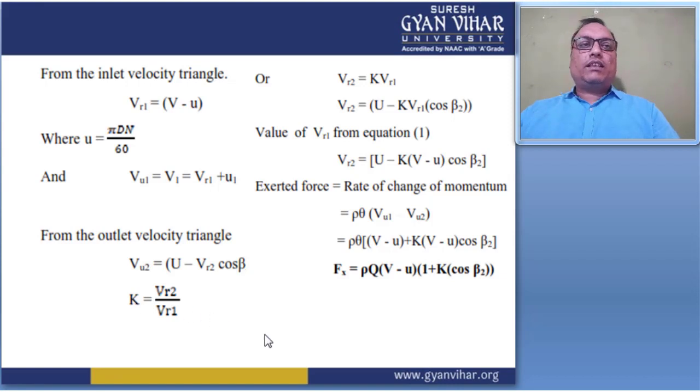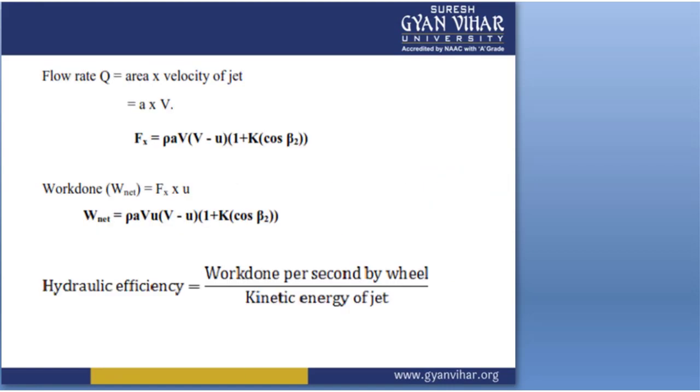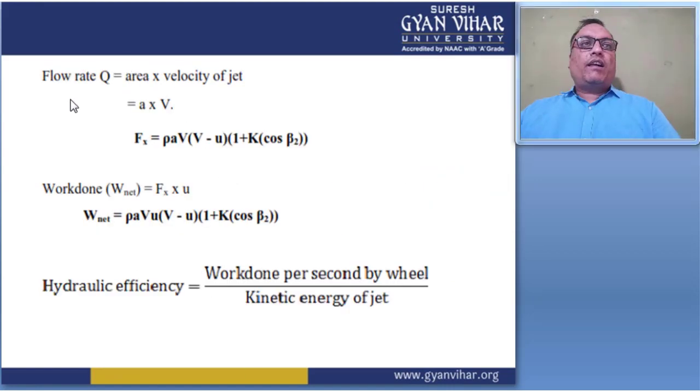This force is created in the x direction, and the flow rate Q equals the area times the velocity of the jet, so Q equals A into V. So Fx equals rho A V (V minus U)(1 plus K cos beta2), where K is the ratio of VR2 divided by VR1.